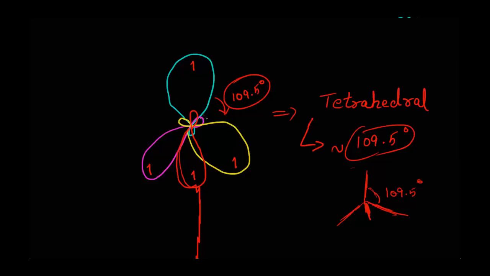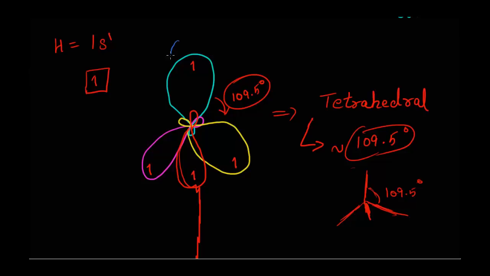Now this is how my carbon looks. If I have to bond this with hydrogen, which has one s orbital with one electron, my hydrogen will look something like this.